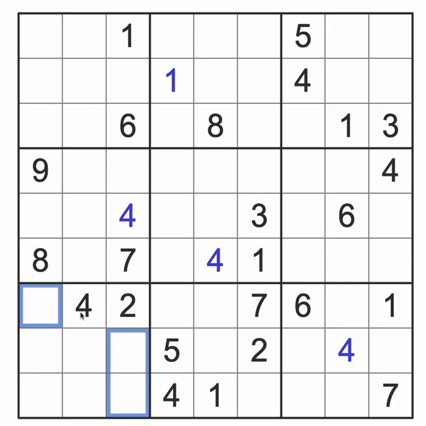This cell cannot use 1 or 7 because they are here. And because of this 1 and this 7, they cannot come in here. So there are only 2 cells where I can place 1 and 7, which are these 2. So it becomes a double of 1 and 7.